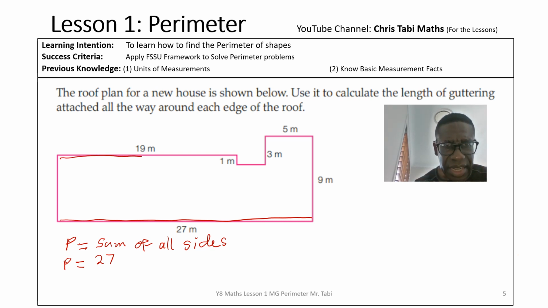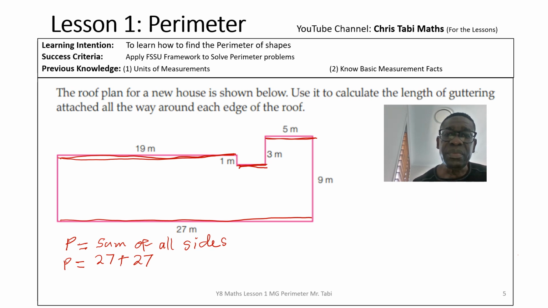So all this length here, up to there, there, and there, all of that is 27. You may say, well, wait a minute, I don't know this. Well, I don't need to use the 19 and the 5. It's irrelevant because all that plus all this plus all that will be 27.